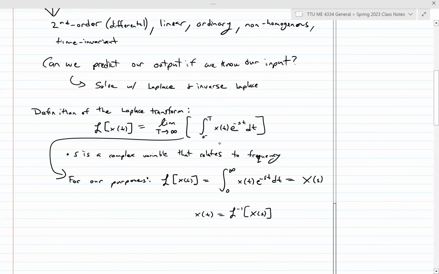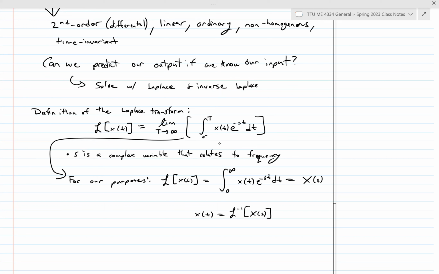What type of systems can we use Laplace transforms for? What are they limited to? Or what are some systems or sets of equations that you definitely can't use a Laplace transform for? Nope.